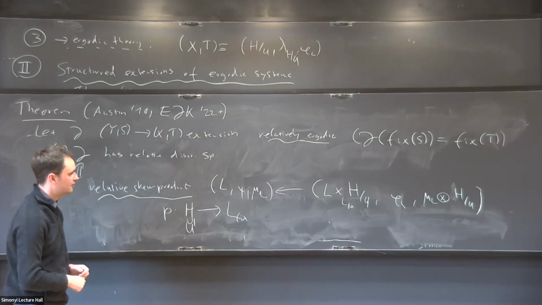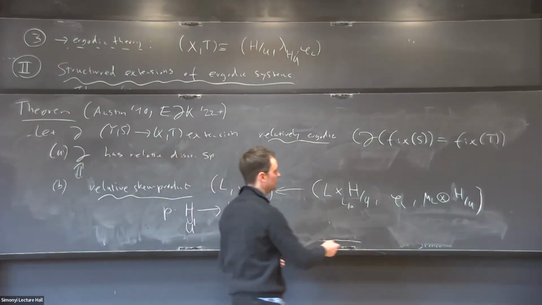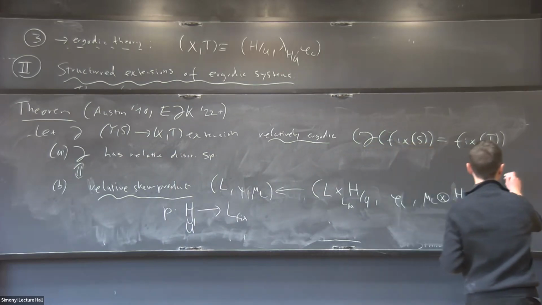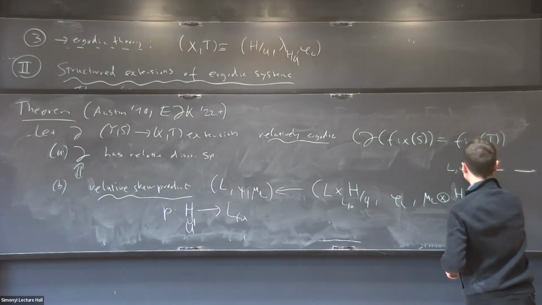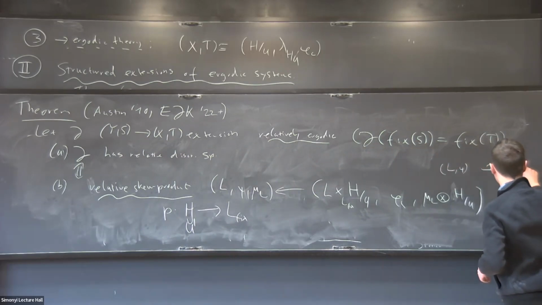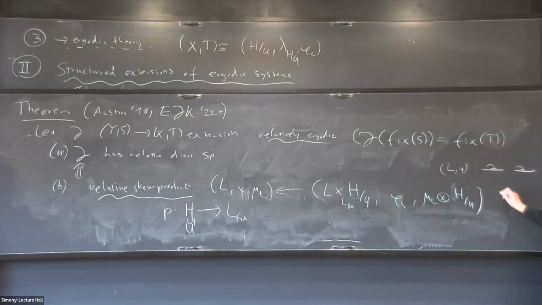So let me draw a picture. Maybe your system looks like this. You have two parts which are invariant. Then your fixed factor is two points, 1 and 2. And then now you have a group for each point.